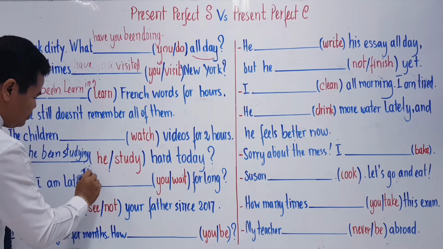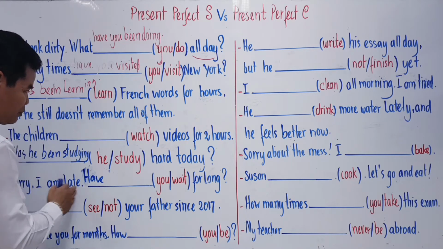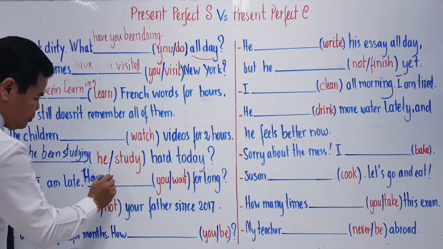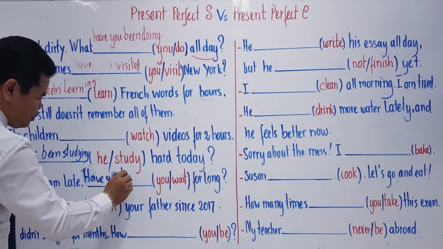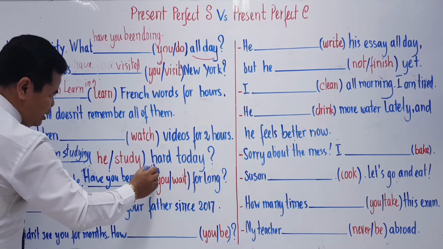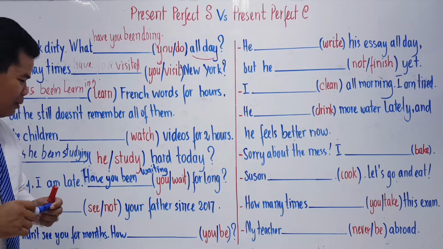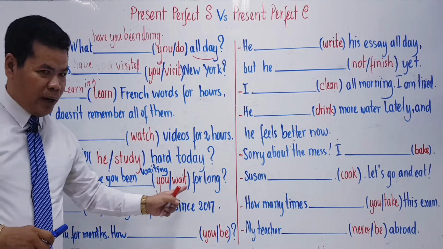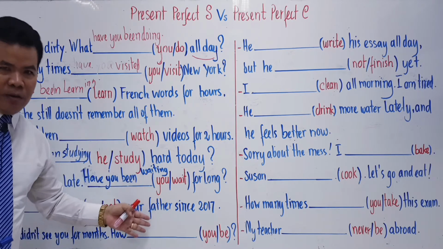Have, subject, you, one more helping verb, been, and then waiting, right? I'm sorry I'm late. Have you been waiting for long? This is the sentence we use in the present perfect progressive, right?